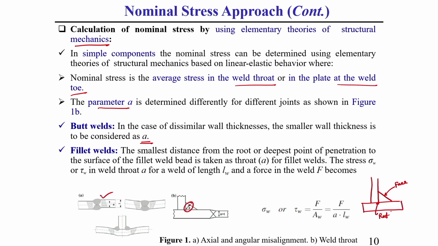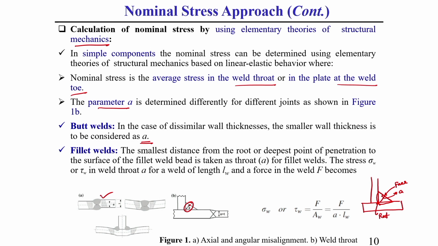If welding is done, there will be some fusion here, so this point is called the weld root. The minimum, or perpendicular, distance from this face to this weld root is generally called A in the case of fillet weld. So, this parameter is a very important parameter.